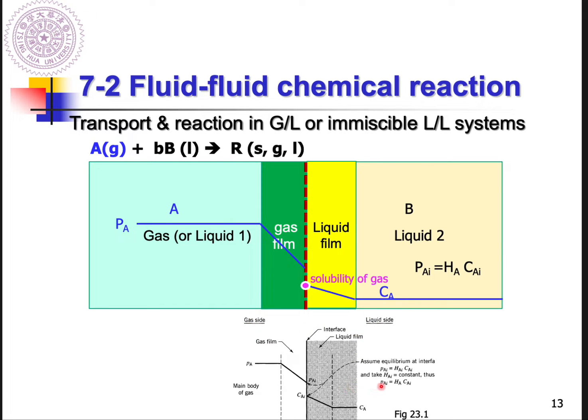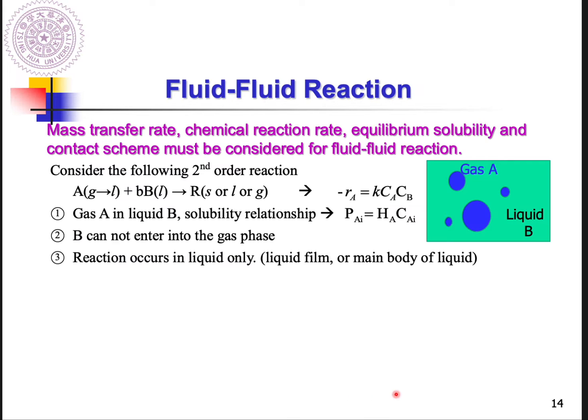You can find the same picture in your textbook, in figure 23.1. It's similar, right? Just a different figure. Before we go to the detailed derivation, you also need to pay attention to some assumptions or parameters you need to additionally consider for fluid-fluid reaction.